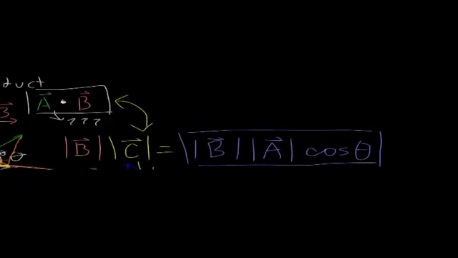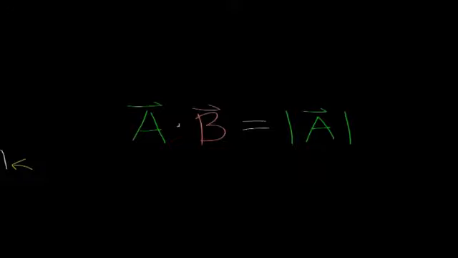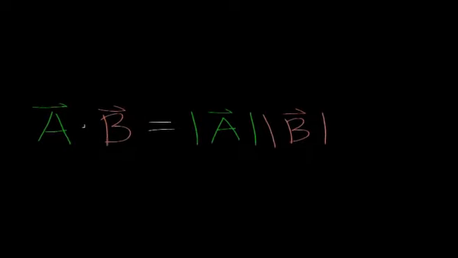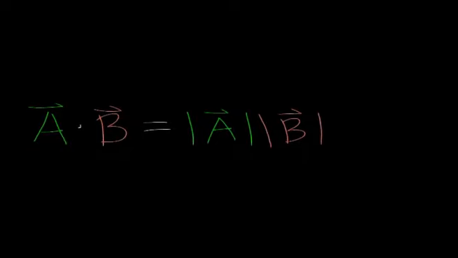Let me rewrite it in colorful colors. A dot B is equal to the magnitude of A times the magnitude of B, or you can switch it, that's what I meant.